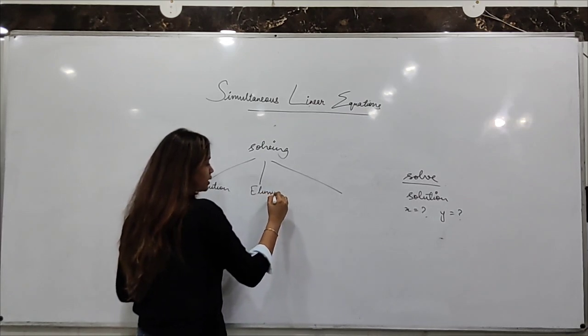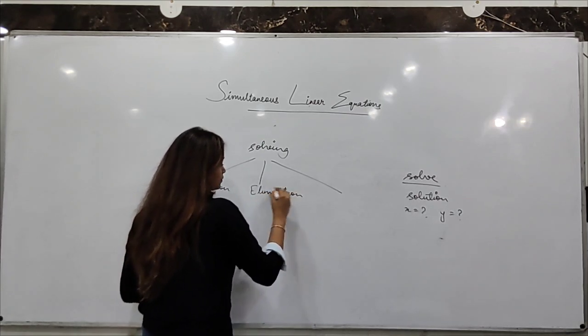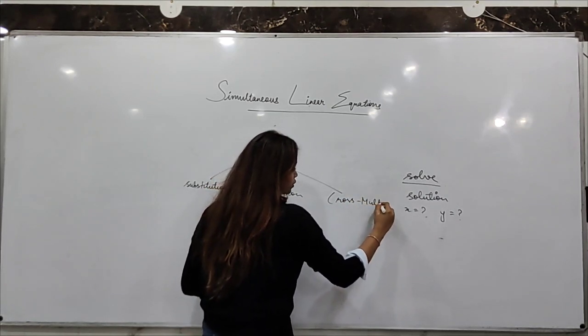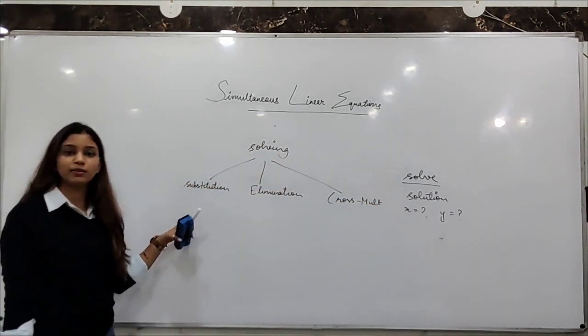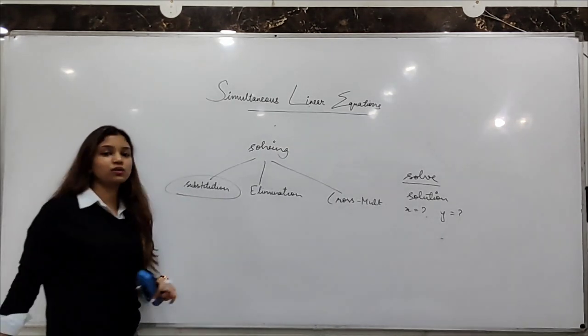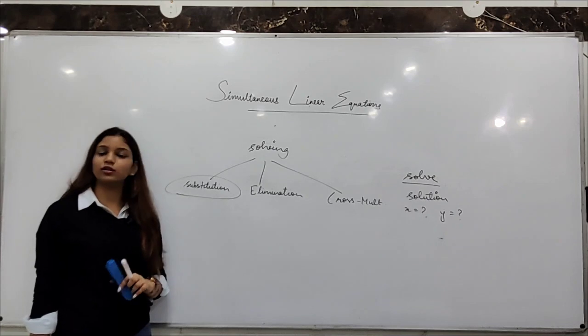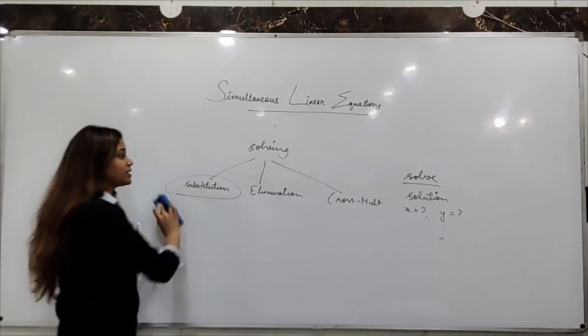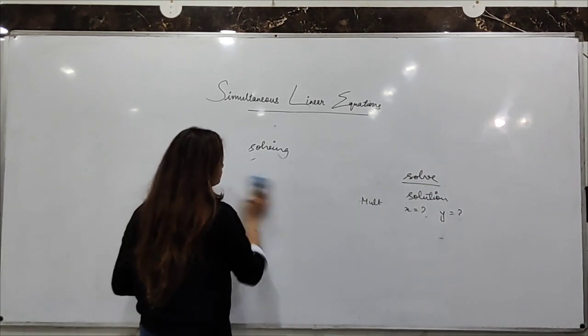Second is called the elimination method. And third is called the cross multiplication method. So there are three methods of solving these linear equations. Today's lecture is going to deal with the substitution method of solving linear equations. आज हम इस टॉपिक को डिटेल में करने वाले हैं. तो ये कैसे होता है? Let us start.